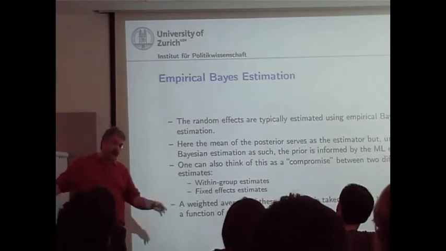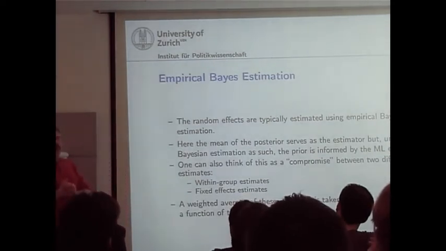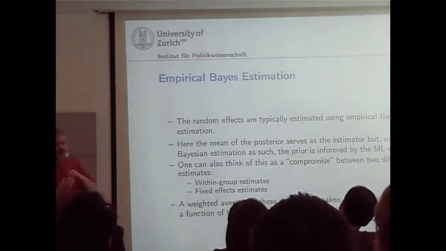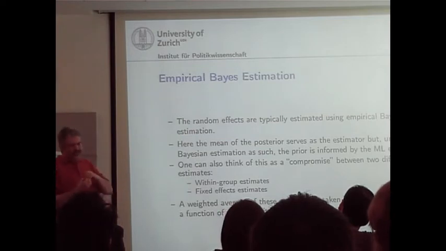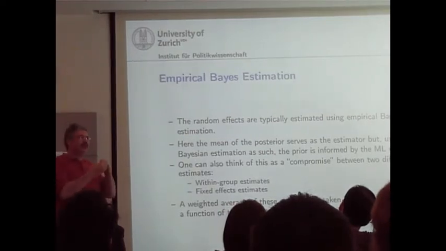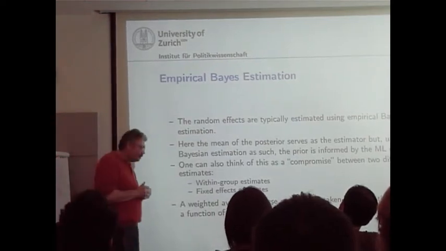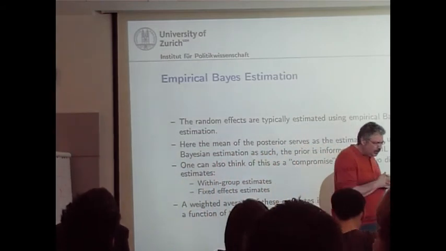If the data are very strong, most of the emphasis goes on the data. And this combination of prior and likelihood is Bayesian in the sense that the posterior is based on Bayes' theorem. Now, that's what we're working with here as well.